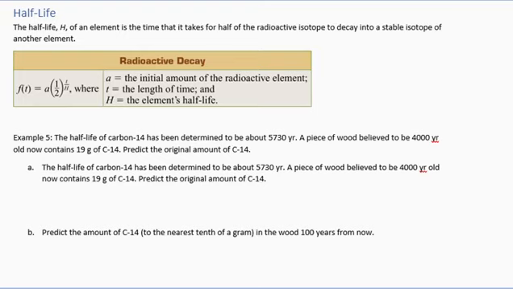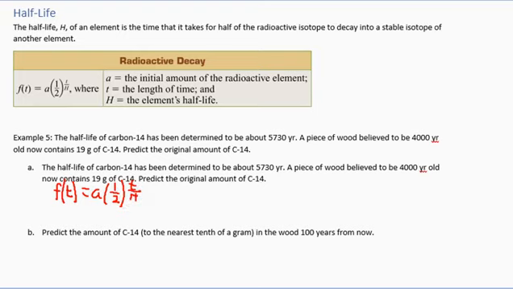Well, the original amount here is A. So what do we have here? Our function for this, we're just taking it from above, radioactive decay. The half-life f of t equals the original amount times 1/2, and then in the exponent we have our time over the half-life for that known element.